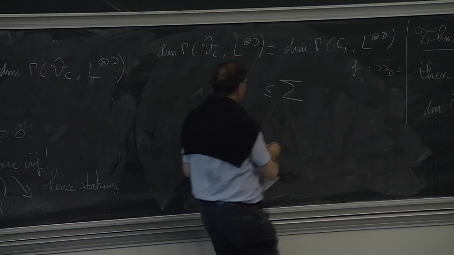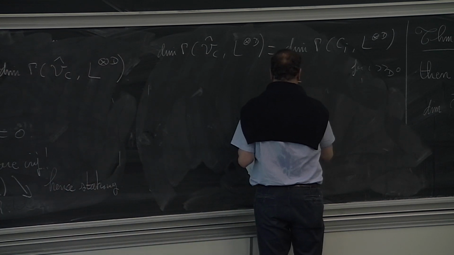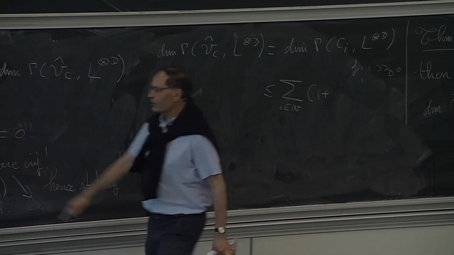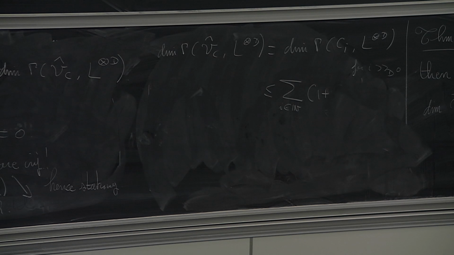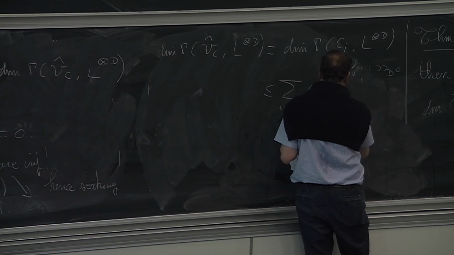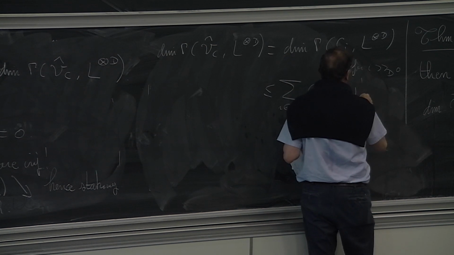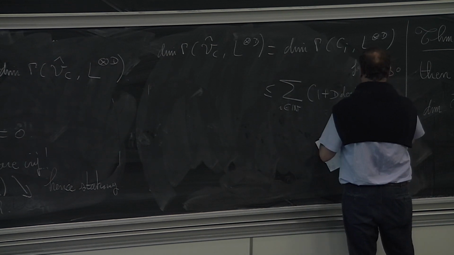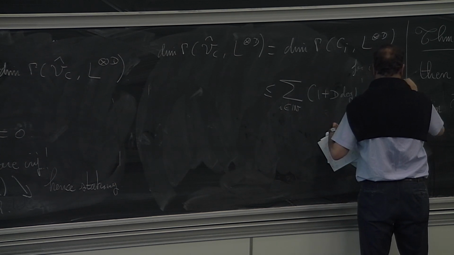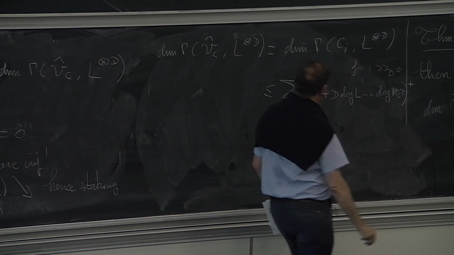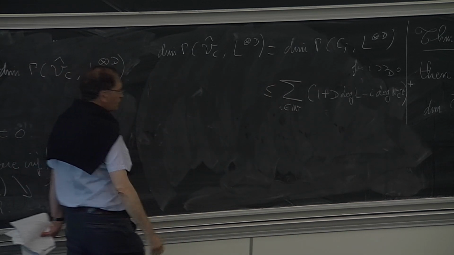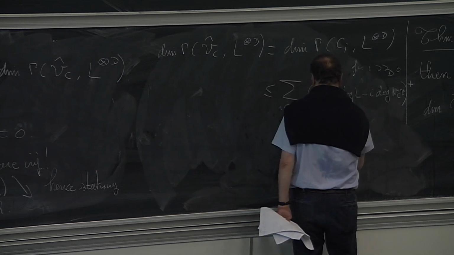Well, actually, it's a finite sequence. 1 plus degree of L that I replace by degree of L^D. And I claim that this goes like O of D squared, so it's basically clear.